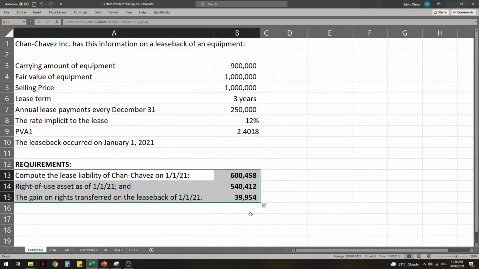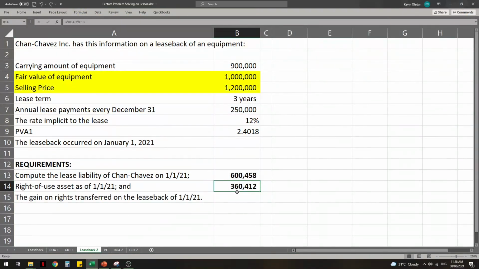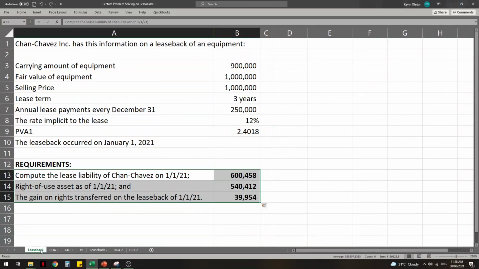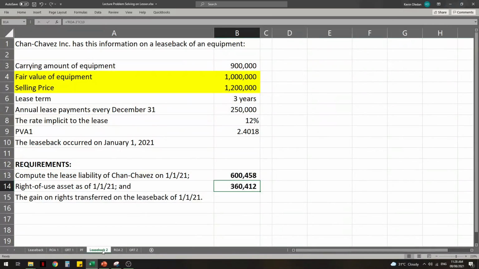Pero since nagkaroon tayo ng financing, ito na po, 360. In short, if there is financing, it results to your asset being lower. Okay? Yan. When you have greater selling price, a portion of your right of use asset will be removed.